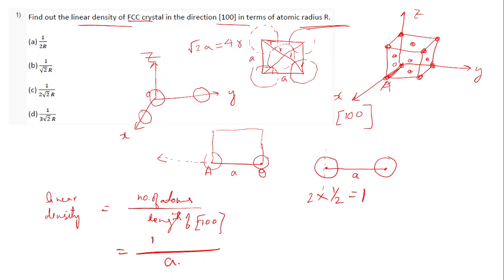So here we have 1 by a, and the answer we have to give in terms of r. So the relation of a and r is this: a will be 4r by root 2, which simplifies to 2 root 2 r. If I substitute that here, I get 2 root 2 r. So the correct answer will be answer C: 1 over 2 root 2 r is the linear density of the FCC crystal along the 100 direction.